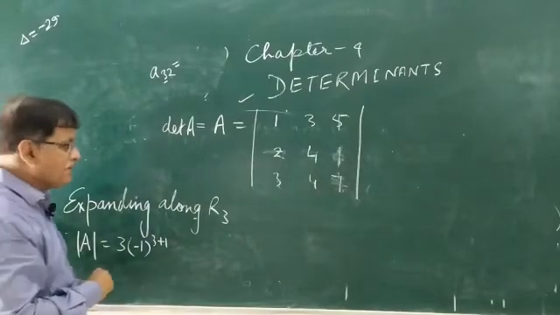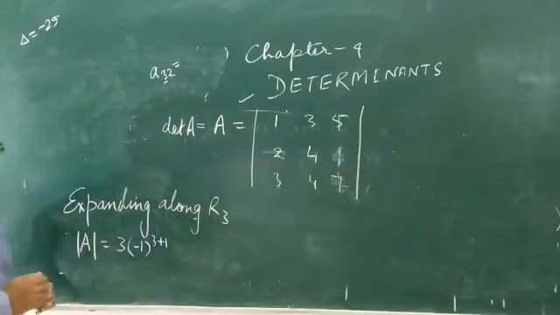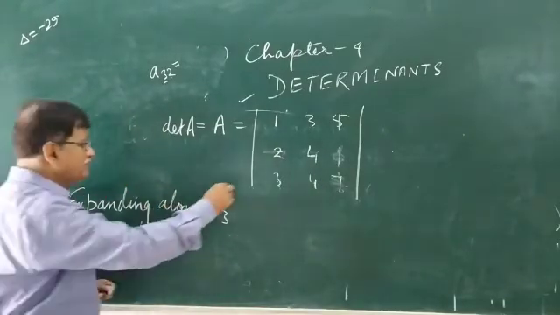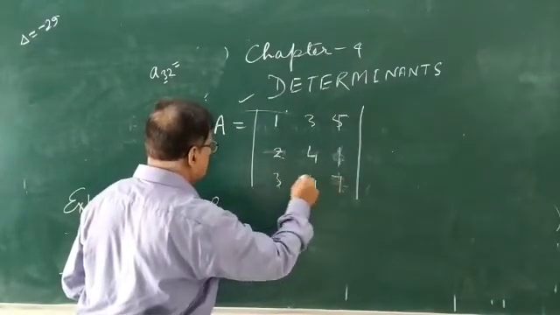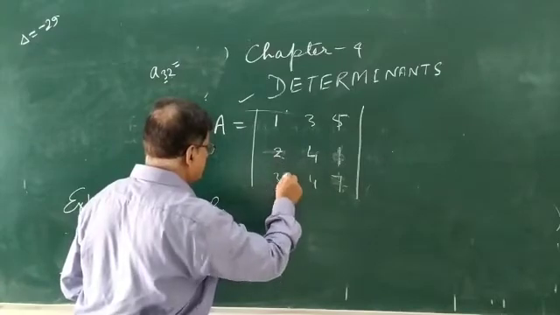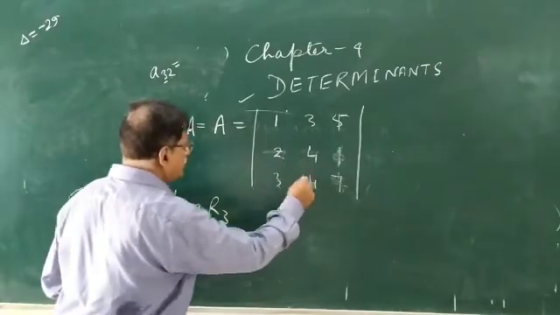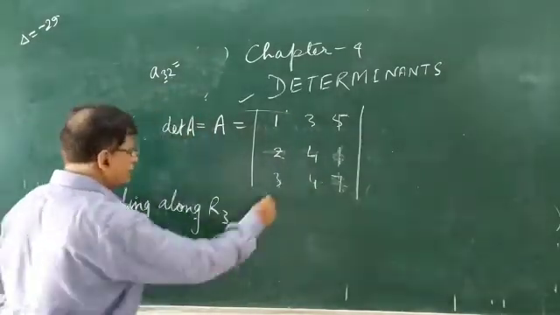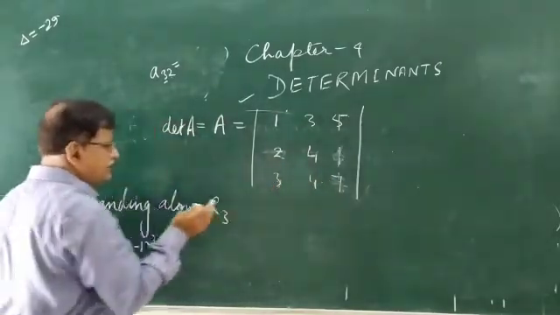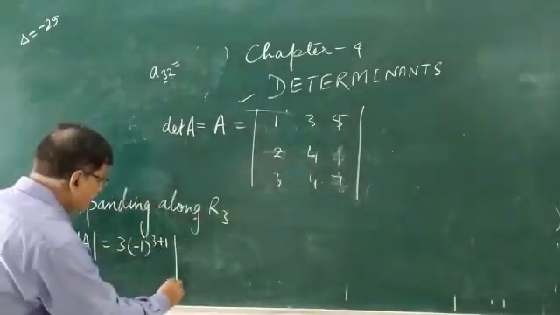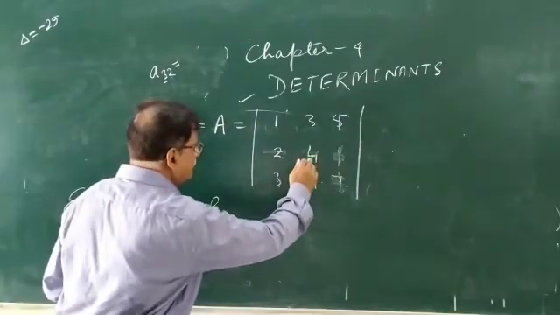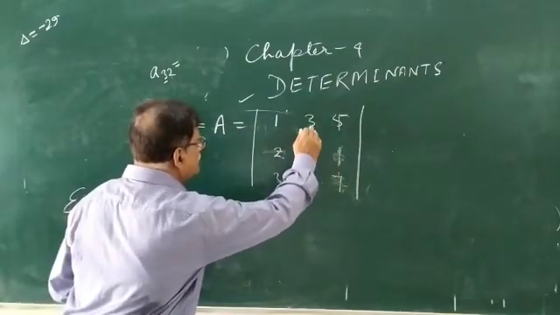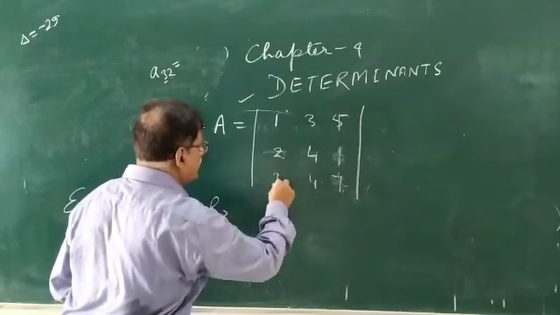Now you take the 2 by 2 determinant, delete the third row. You see the third row and first column, delete or hide it, and then the remaining elements you consider in the determinant form.